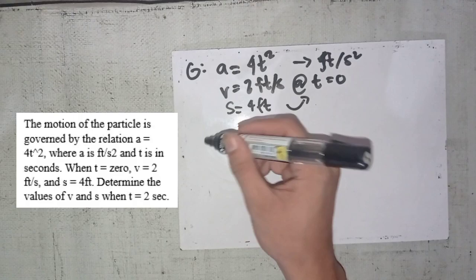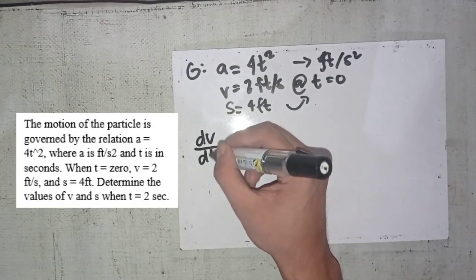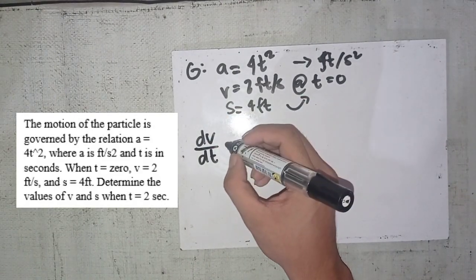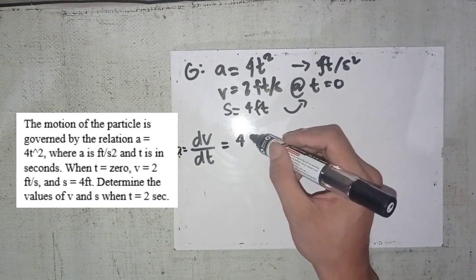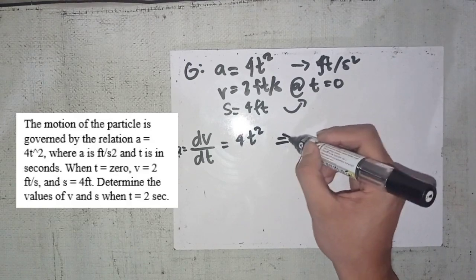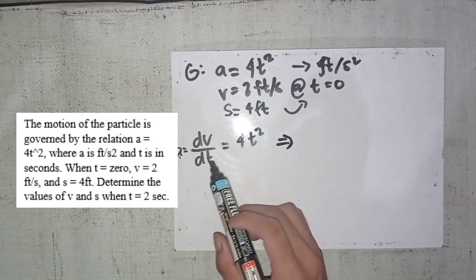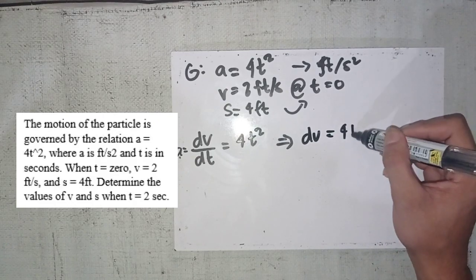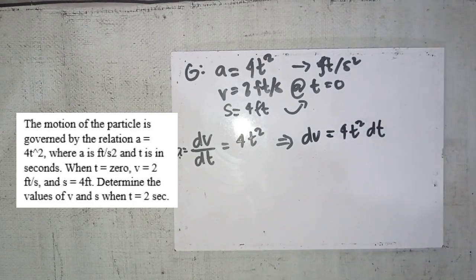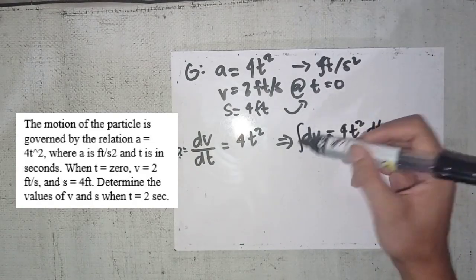So a is equal to dv over dt, since this is in terms of time. So acceleration is equal to dv over dt, and 4t squared. We can cross multiply the dt to the other side, so dv is equal to 4t squared dt. Now we can integrate the equation.